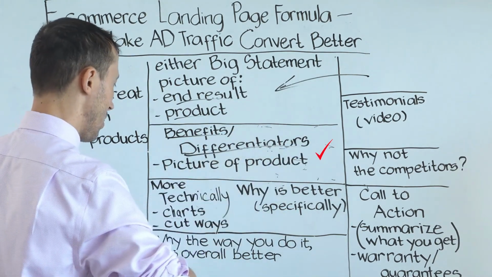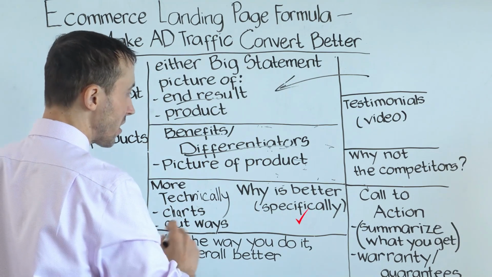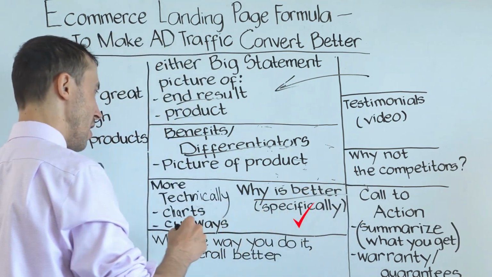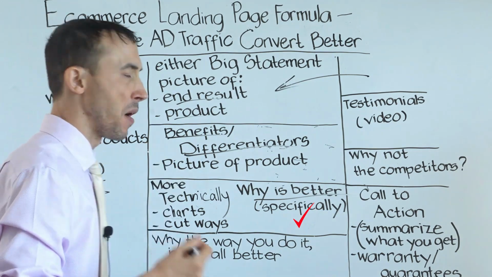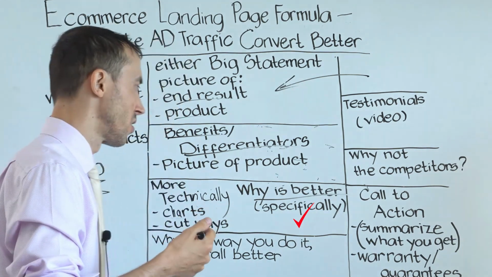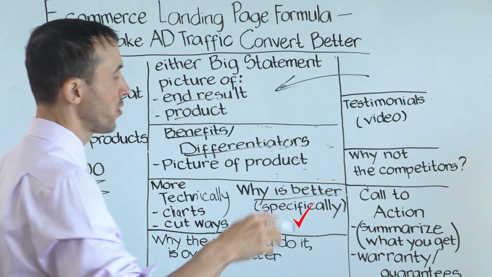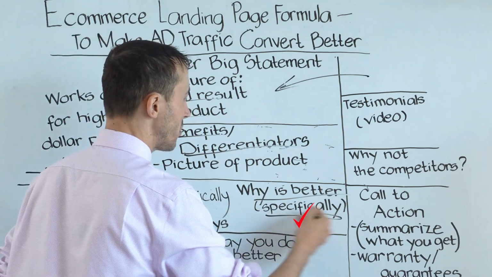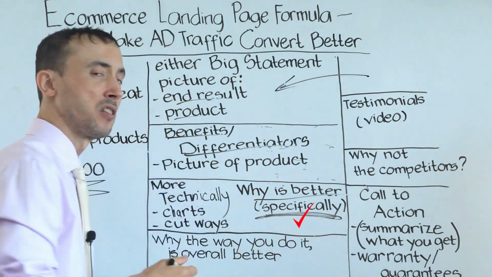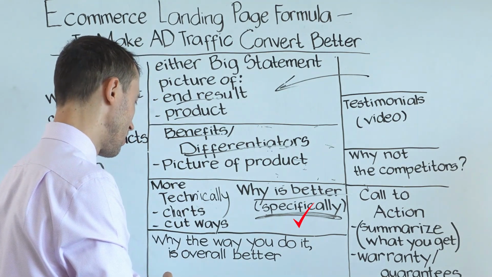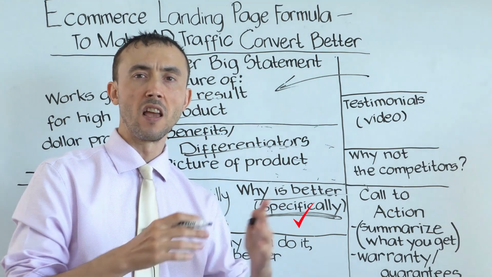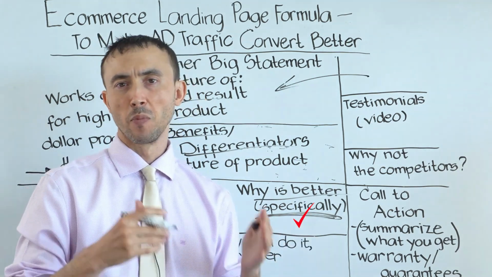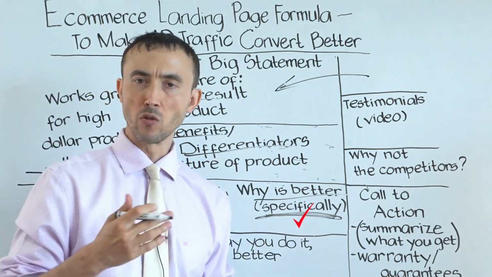Third section. More technically, why is it better? Or should I say, better than the competition, works, but more so, why specifically does it work? This is the section where you're going to have charts showing that the product works in a side-by-side placebo trial or whatever.